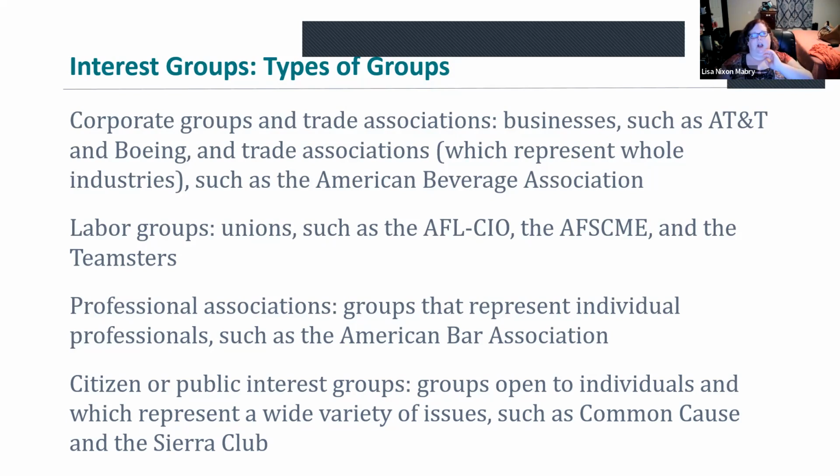And then you've got your local groups that focus on things that really matter to them. Citizen groups are open to ordinary citizens and provide a wide variety of interests, from environment to abortion to gun policy to disability rights.